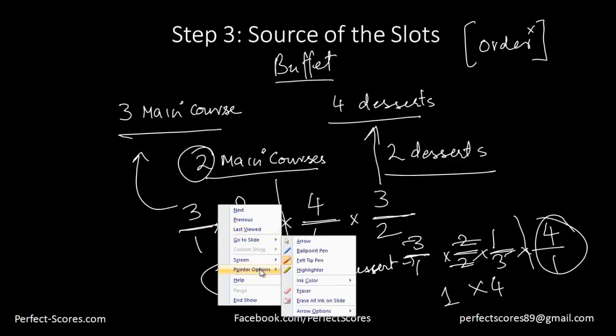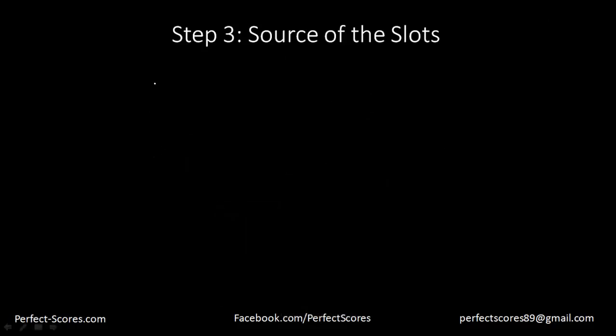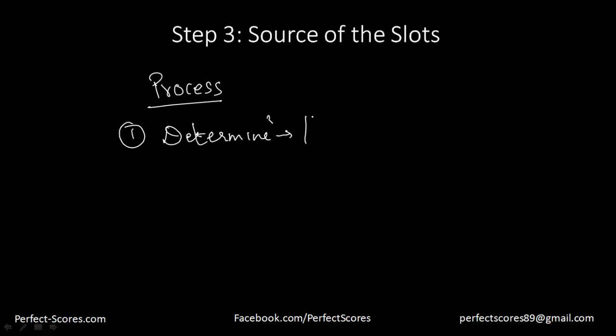What I'm going to do is show you the whole process here. First of all, you determine how many slots you are going to draw. The lesser number of whatever quantity is there, that is the number of slots you're going to draw. Once you draw these slots, you fill them.